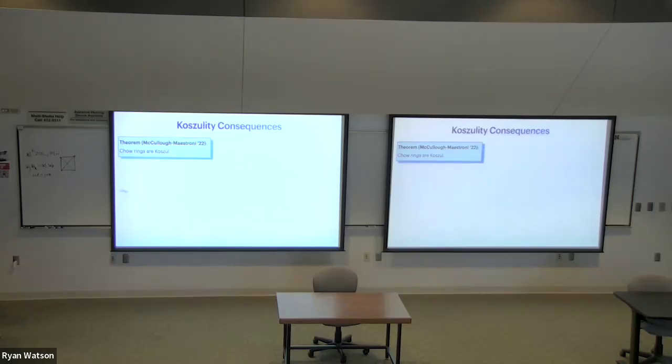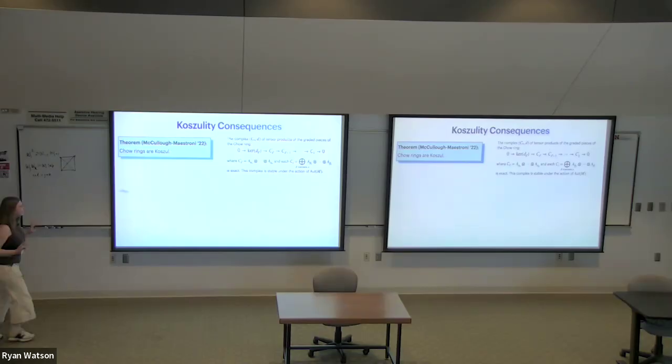So see how that works. In 2022, McCullough and Mastroni showed that Chow rings are causal. And so, what does causal mean? I feel like this is an audience that does not want a definition of causality. Maybe you're all good. I'm not sure.